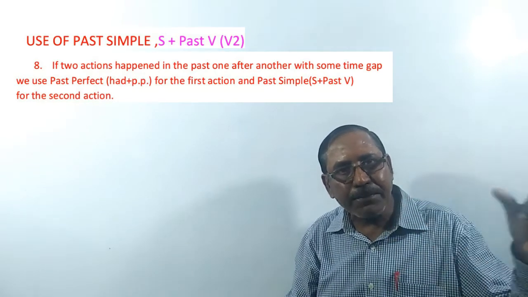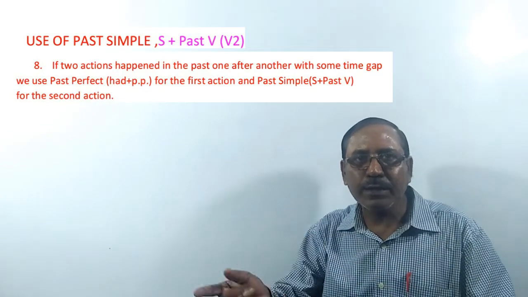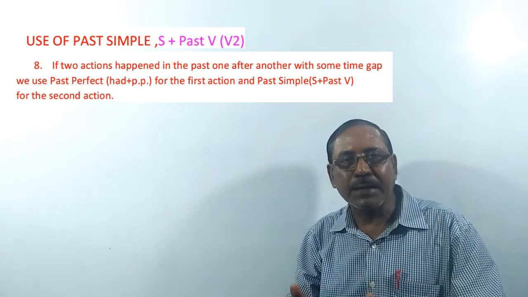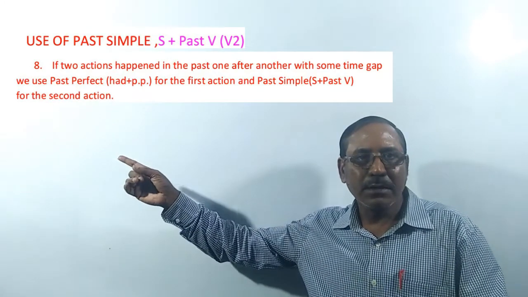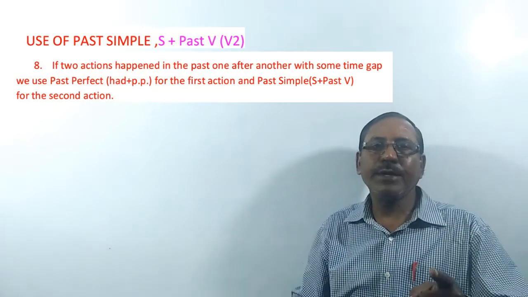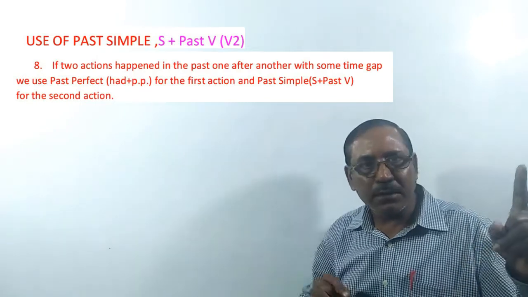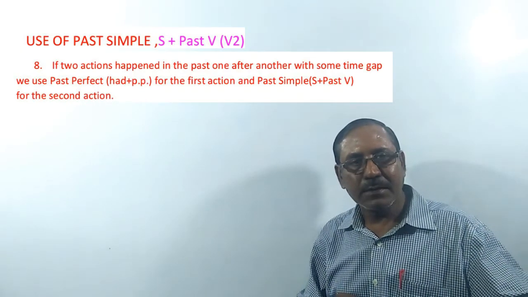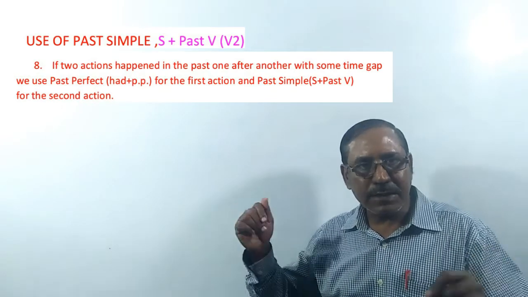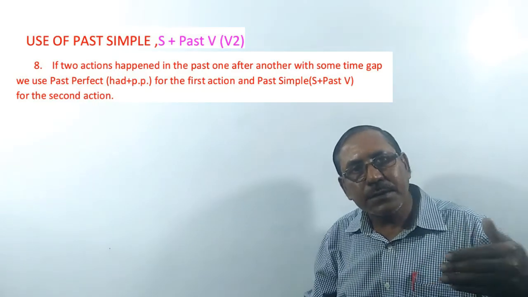If 2 actions happened in the past, one after another, the earlier one gets past perfect. So we use past perfect, had plus pp, for the first action and simple past for the second action. For example, when the doctor came, the patient had died.